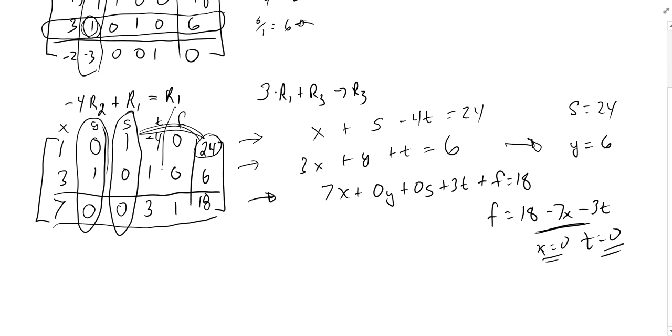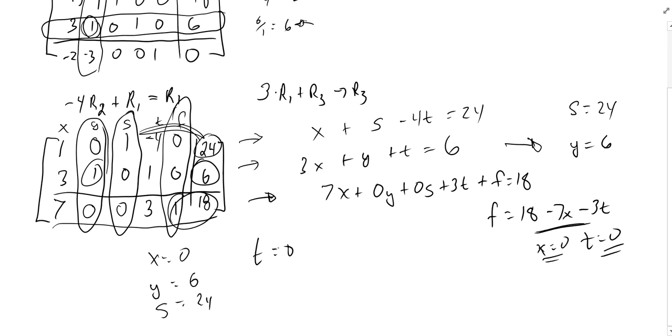Or you can just look for these nice columns in the matrix, the 0, 1, 0, 1, 0, 0, 0, 1, 0, 0, 0, 1 columns there. And wherever the 1 lines up with the number on the far right side, those are our values. So I get x equals 0, y equals 6, s equals 24, t equals 0, and f equals 18. And that would be our ideal solution there.